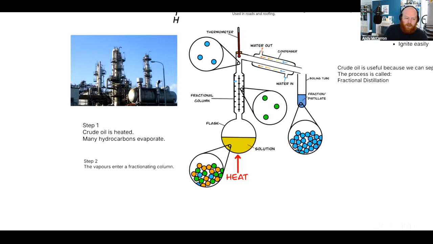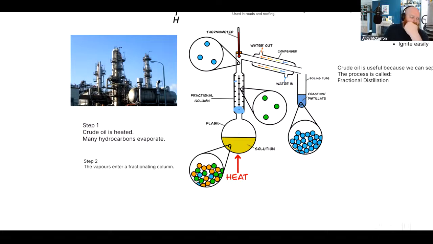Then there'll be another color here that is starting to come up and get caught a lot more. When you're doing this as a lecturer and actually observing this, you do see a load of it pouring back down into the flask as well.